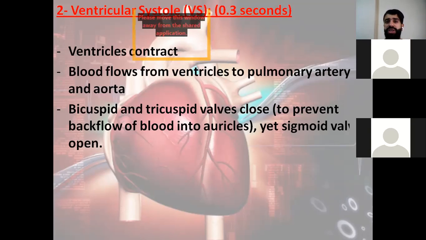Bicuspid and tricuspid valves are open in the auricular systole, while in the ventricular systole they are closed. Sigmoid valves in the auricular systole are closed, while they are open in the ventricular systole. If you make a comparison between these two, you can easily solve the problem, study them, and memorize them easily and faster.